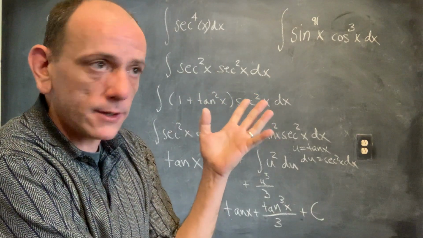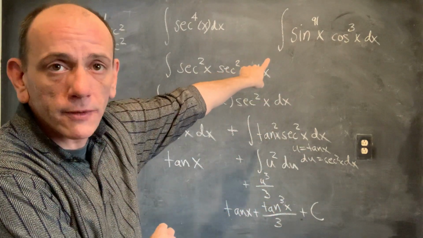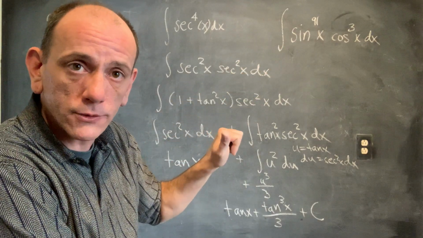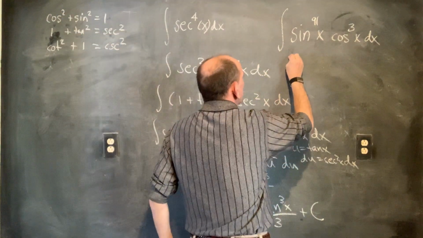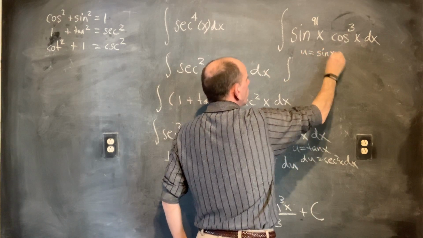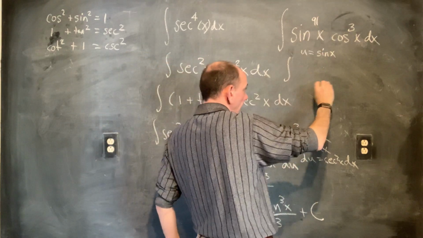What's at stake is, am I going to be able to hold a cosine off? Because if I'm u subbing for sine, I need a cosine, and then be able to convert everything else. I go, yeah. Now, in this one, it's blaringly obvious that we want to do u equal to the sine of x so that I get a power rule on that.